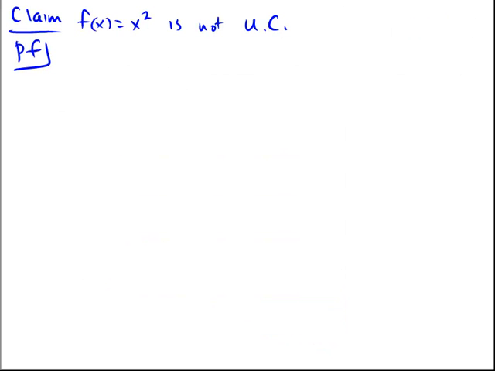Okay, so here we're going to now prove formally that f of x equals x squared is not uniformly continuous. Let epsilon equal 1, because we just have to show that there exists an epsilon that makes something happen.